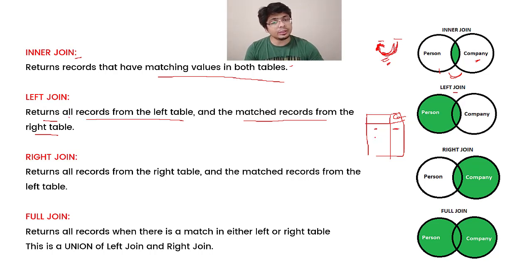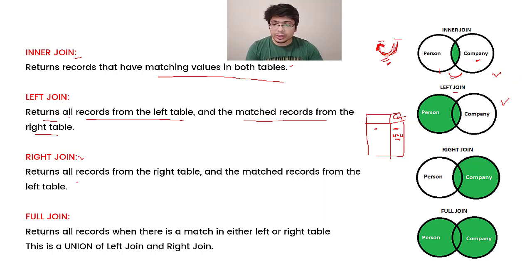But if the person does not have any company that he or she has created, then we will have null here. Okay, so this is how the result will look like. We'll see all these details in the next slide with clear tables and examples also. So just remember these diagrams. These diagrams are very important for you to understand this.